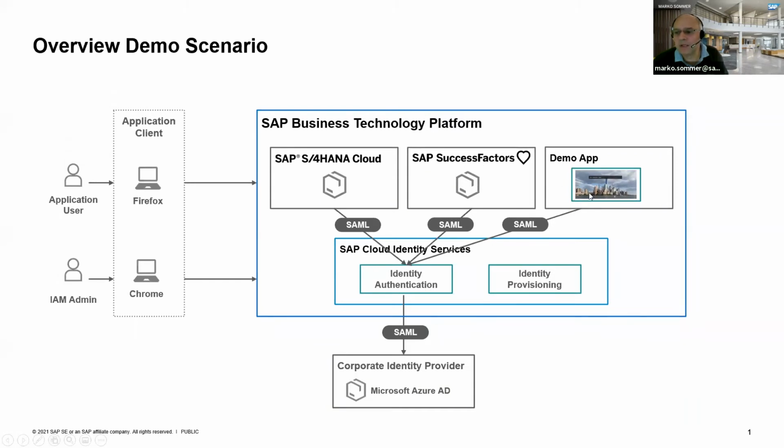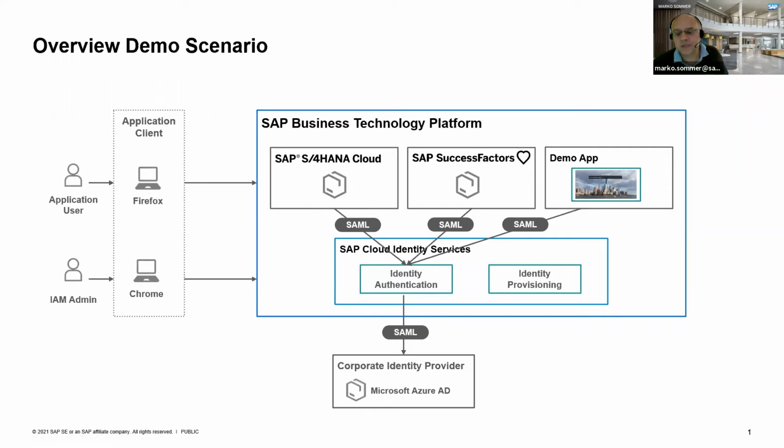We have a demo application running on top of BTP so that we are able to show the single sign-on with the identity services as a very central integration component on top of BTP that ensures a seamless integration, for instance, to corporate single sign-on that is usually established at our customer side with a corporate identity provider. In the example today, I chose Microsoft Azure Active Directory in order to be able to show the integration scenario.